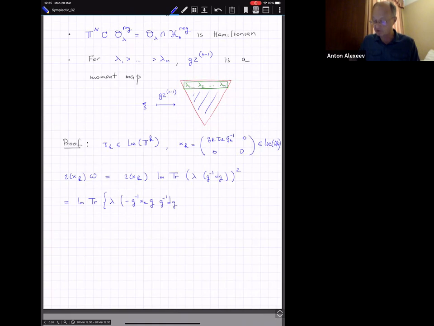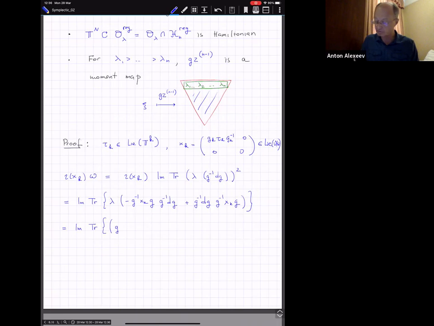So the first part of the calculation will be tedious but routine. Something interesting will happen in the second part. So now we're just doing a routine. So that's imaginary part of trace. And here I want to isolate xK instead of λ.